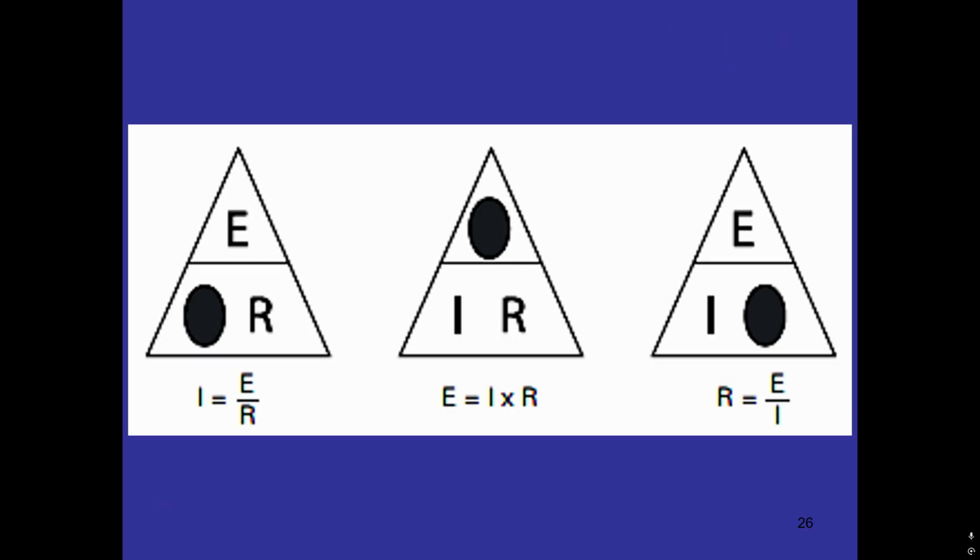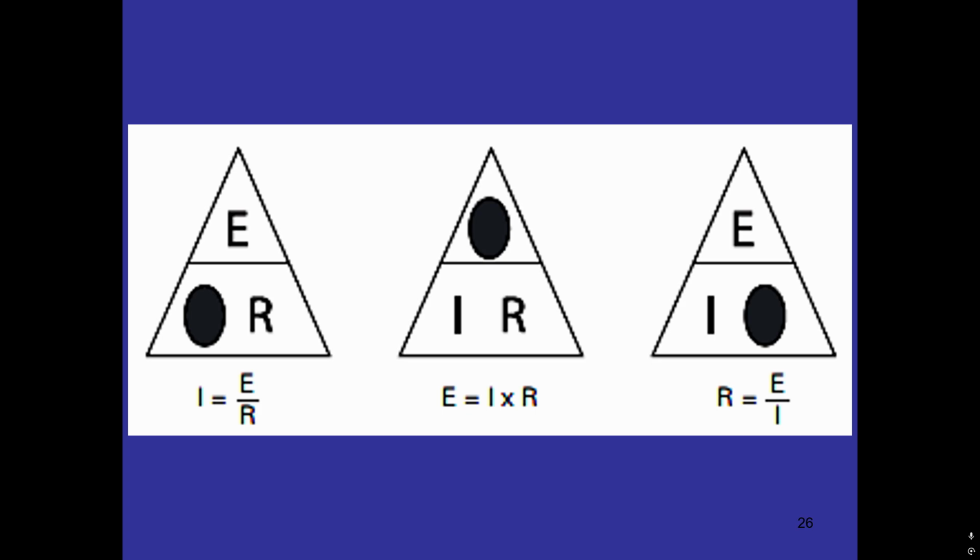Also, we have seen three forms of Ohm's law. Here for the voltage, they have used the letter E. E actually stands for electromotive force. Some books, especially old books, follow this notation E for voltage.